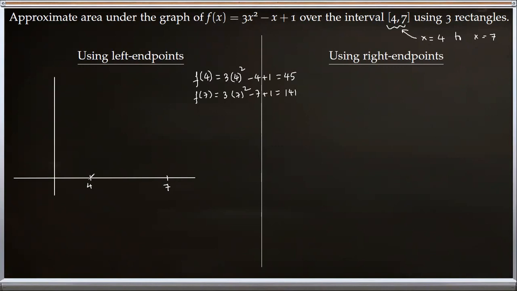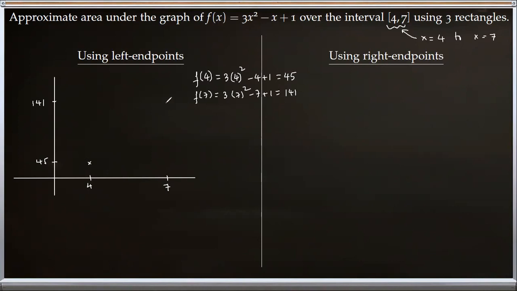So at x equals 4, we are at 45. So I'm going to suppose this point here is at 45. And at x equals 7, we are at 141. So I'm going to assume this is 141.